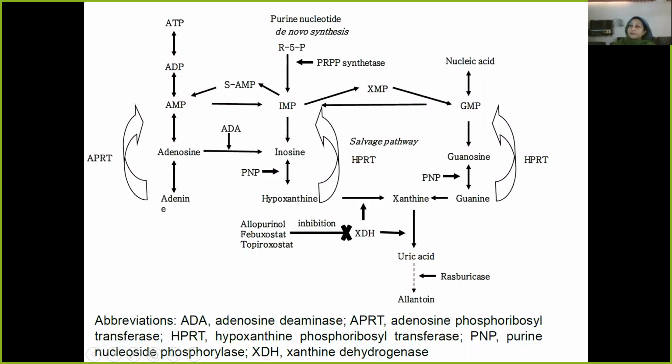There is this buildup of adenosine, hypouricemia, and this buildup of adenosine in cells results in early destruction of the cells, early death of cells, especially lymphocytes.